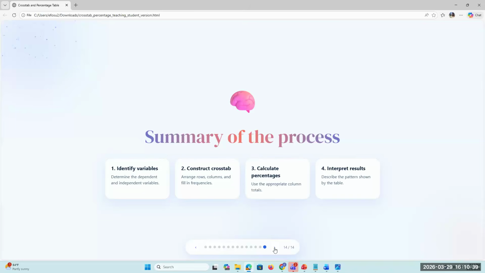Thank you very much. Then we're able to construct a crosstab table, where we arrange rows, columns, and fill in frequencies. We calculated percentages, using the appropriate column total too. Amazing. Then we interpreted the results by describing the pattern shown by the table.